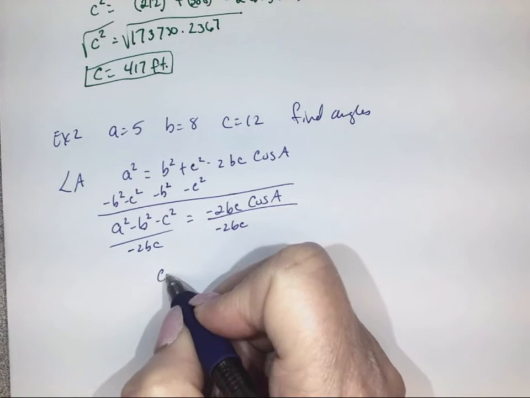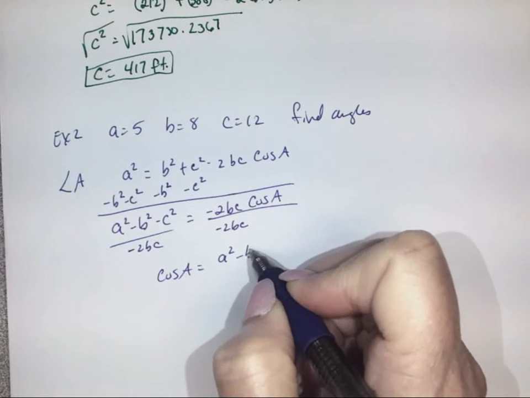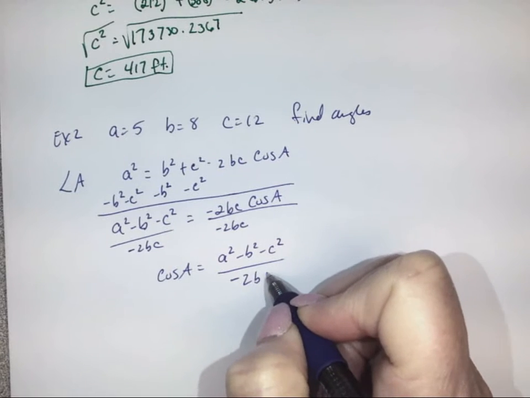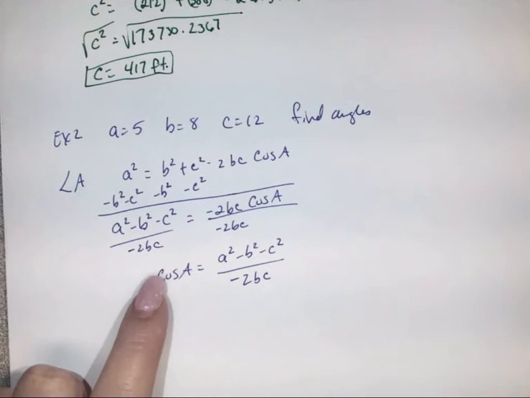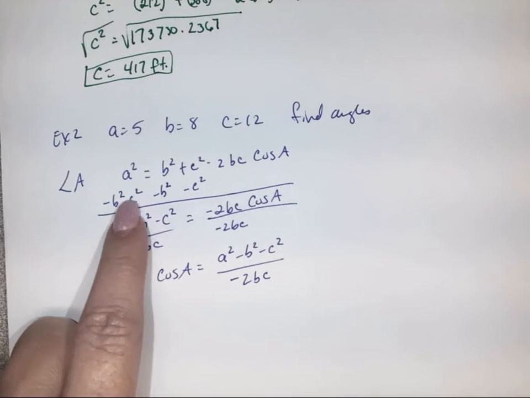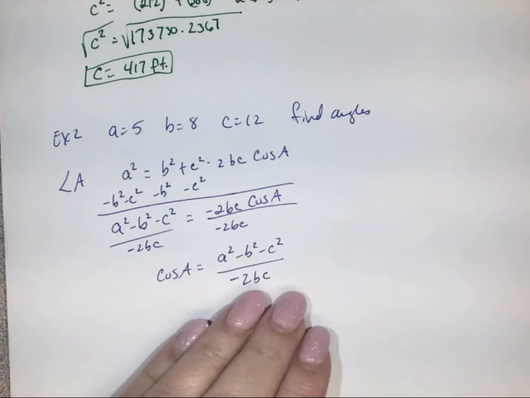and you end up with the cosine of A is equal to A squared minus B squared minus C squared all over negative 2BC. So now we can solve for the cosine of A and then take the inverse. You can put all of the values in first, or you can take it down to this.